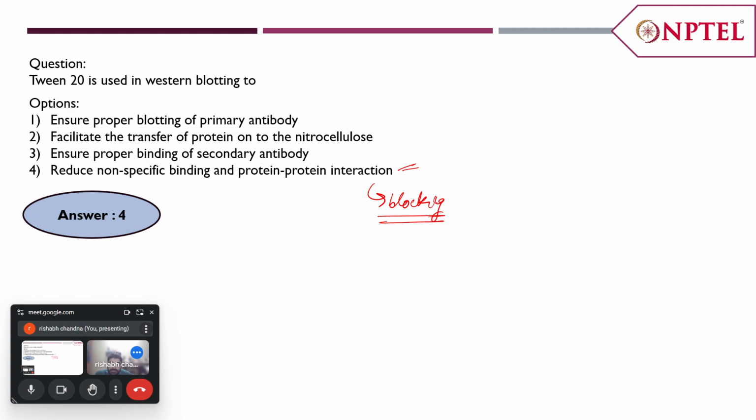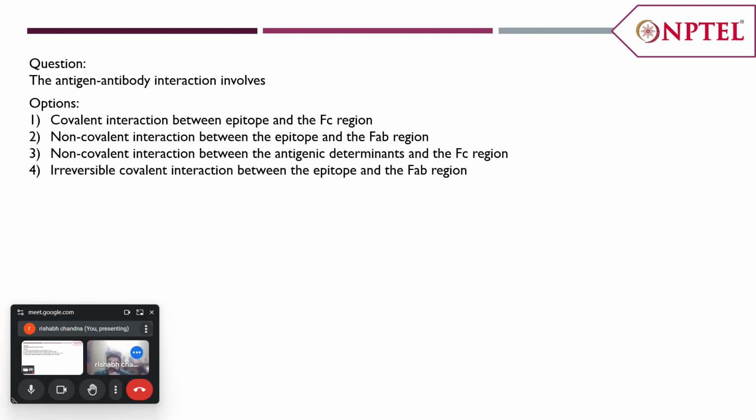Okay, so let's move on to the next question. The antigen antibody interactions involves covalent interaction between the epitope and the Fc region. Yeah, it was luminol and hydrogen peroxide.